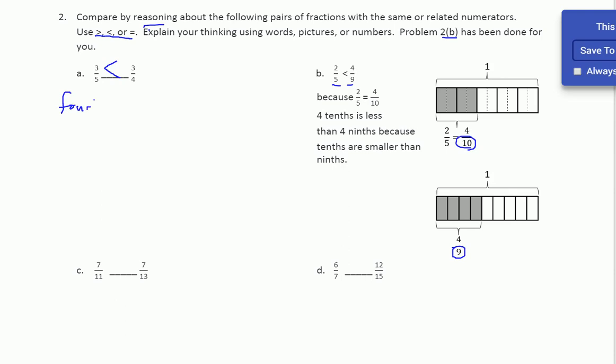Fourths are larger units than fifths. Okay, there you go. Fourths are larger than fifths. So let's continue along, see what we can do on the rest of these here.